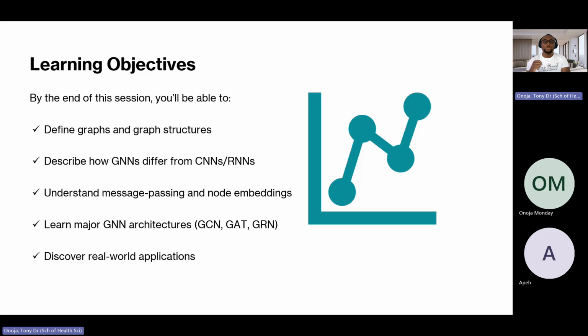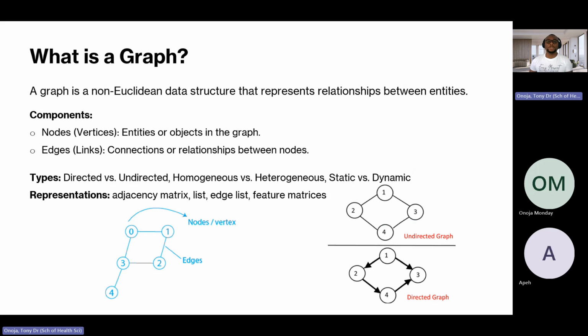And also strengthen your understanding of what message passing means, and the embedding space. Then we are also going to strengthen our knowledge of what the major architectures of graph neural networks look like, and their real world applications. So it's going to be an exciting class where we learn these interesting things.